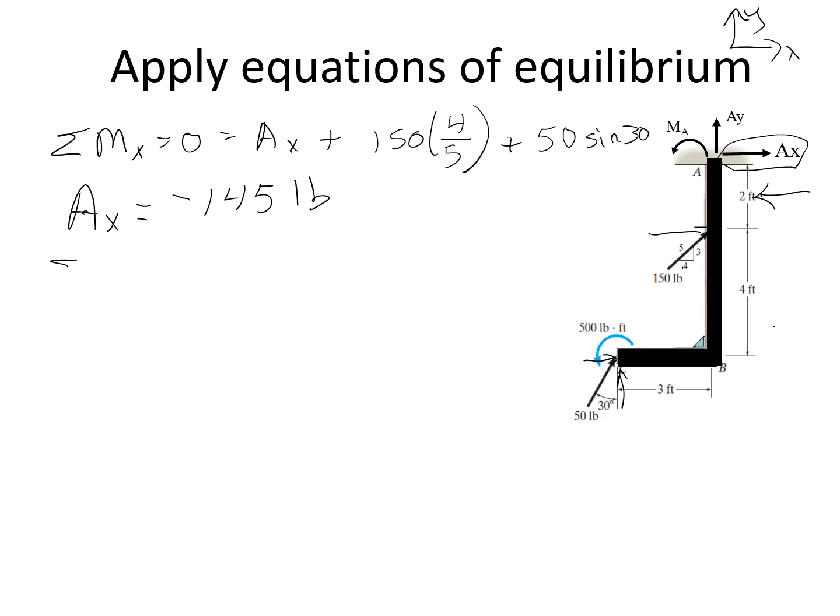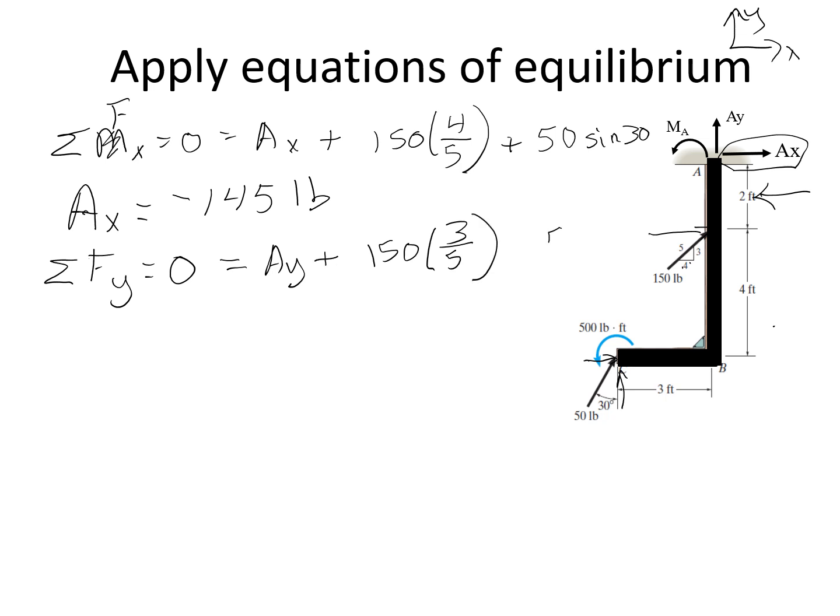Next, I can take the sum of, this should have been the forces here, not moment. The sum of the forces in the y direction is equal to 0. And I have AY. Then I take this 150 pound force, and the y component will be 3 divided by 5. It's pointing up, so it will be positive.